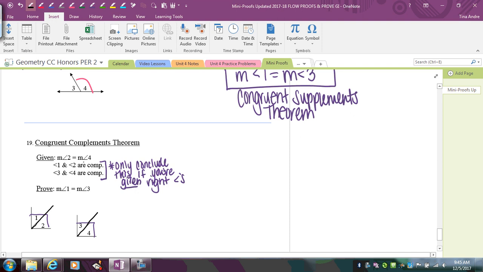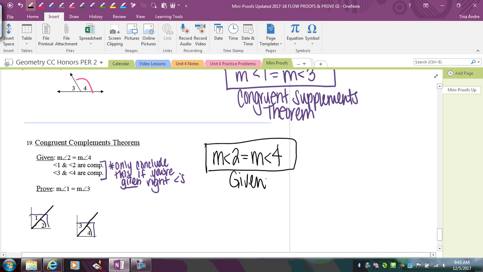So then the complements theorem goes like this. We have angles 2 and 4 congruent, so let's write that: the measure of angle 2 is equal to the measure of angle 4. We have complementary: angle 1 is complementary to angle 2 because that was given. But keep in mind, if it wasn't given, if you had the right angles, you could make that statement.